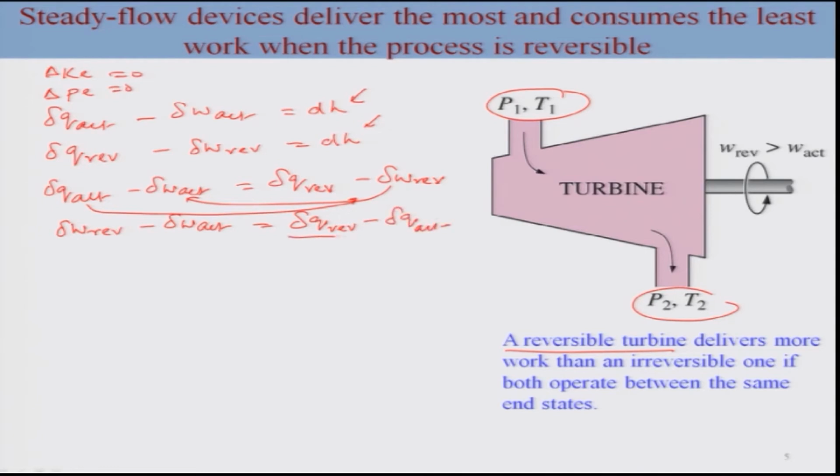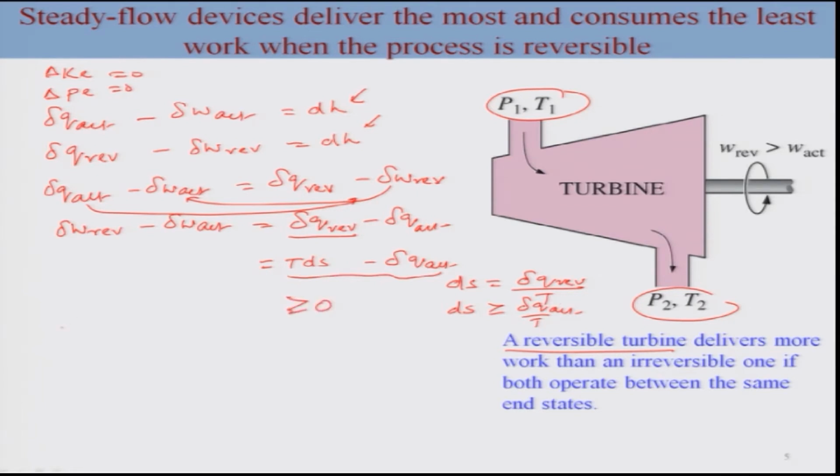Now del Q for the reversible case is nothing but TdS, and we know that dS is equal to del Q reversible by T, but for the actual case this dS would be greater than or equal to del Q by T, which means your dS is greater than or equal to the ratio of Q by T for the actual system, and thus this expression is going to be greater than or equal to 0.